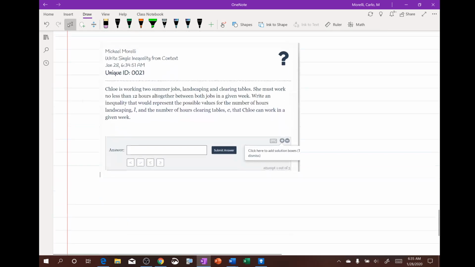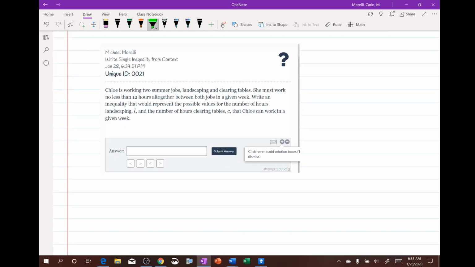So it says Chloe's working 2 summer jobs, landscaping and clearing tables. So she's landscaping and tables. And they're going to have us label those. Landscaping is going to be L. I guess they want a lowercase l. And tables is going to be C. All right. So she works no less than 12 hours together.